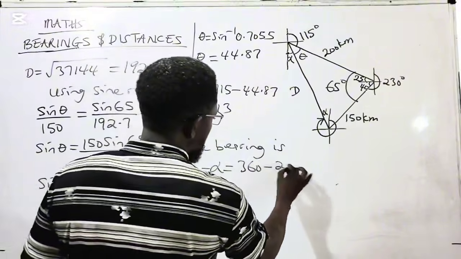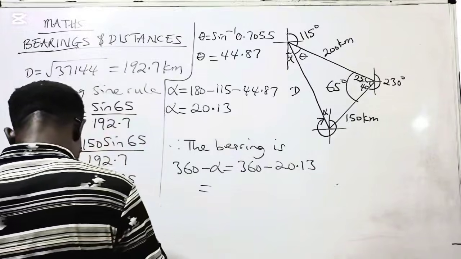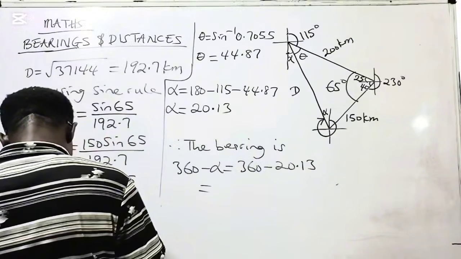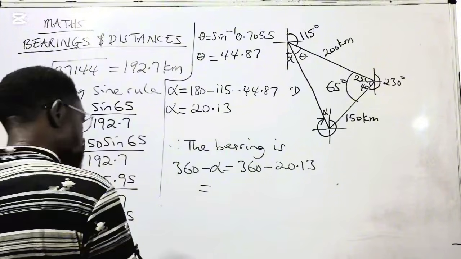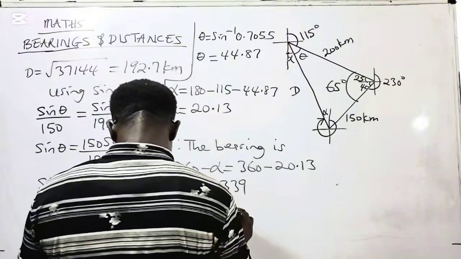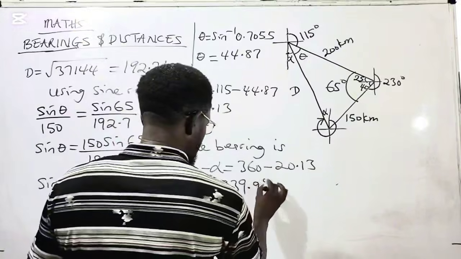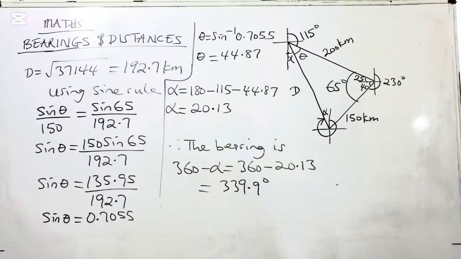That's 360 minus 20.13, which will be 339.9 degrees.